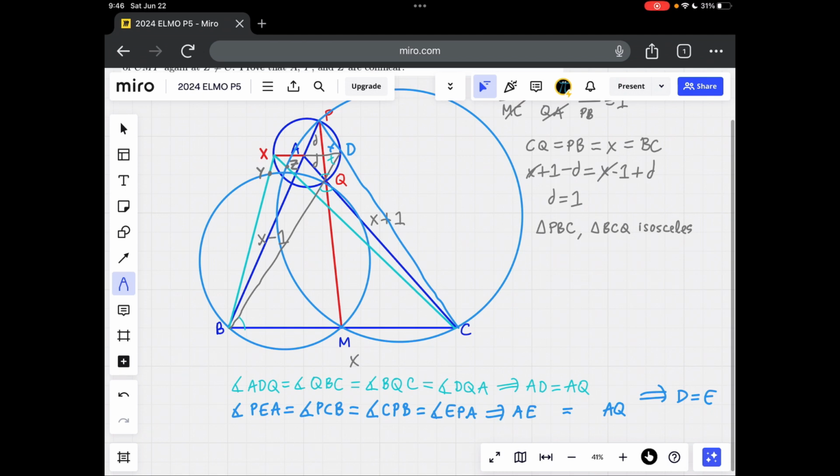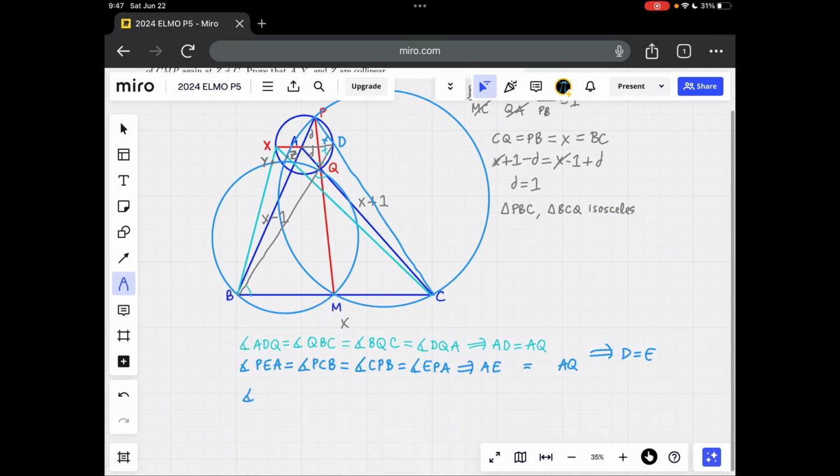So now that we've proven D equals E, what can we do next? We know that angle PDQ is equal to angle PDA plus angle QDA. But how else can we express that? Well, angle PDA can also be expressed as angle PCB, but it can be expressed as angle PCM too.